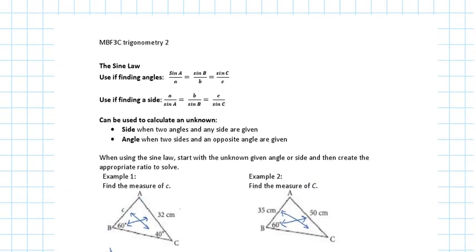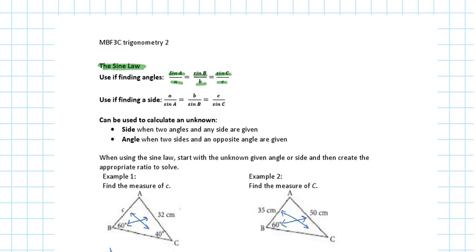So it's called the sine law, because of the trigonometry sine. You have sine A over A is equal to sine B over B is equal to sine C over C. This kind of formula, we use it when we're finding the angles.